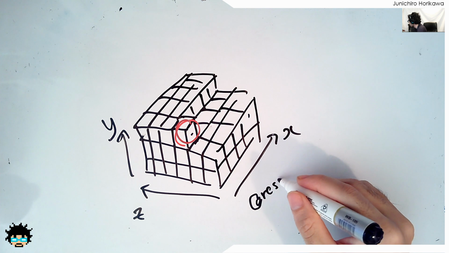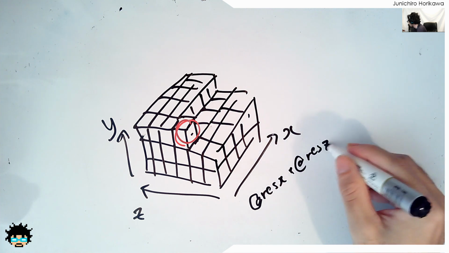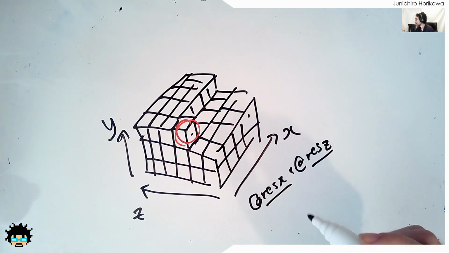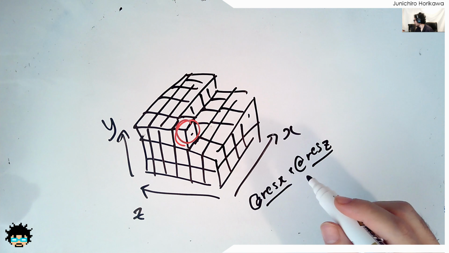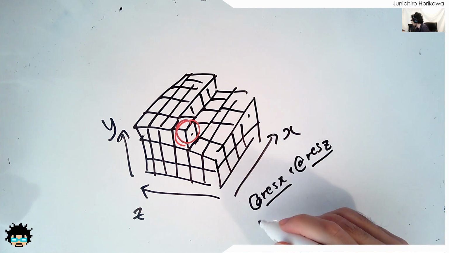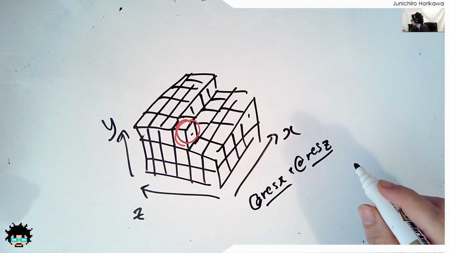So in this case, @resx multiplied by @resz, since these are the resolution numbers for the x direction and z direction. By multiplying them, you'll get the 2D grid number first.